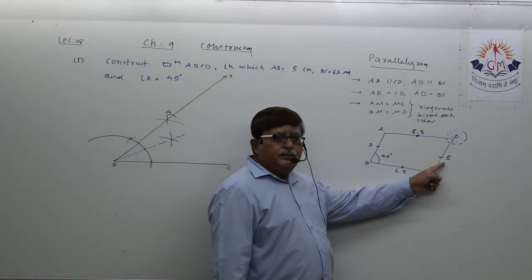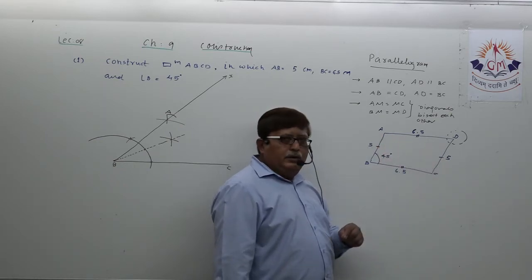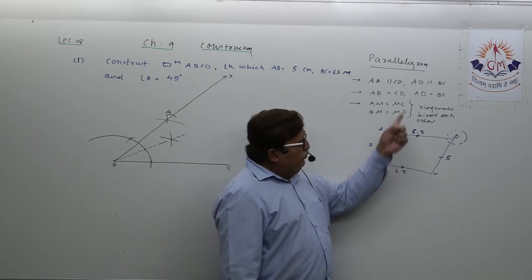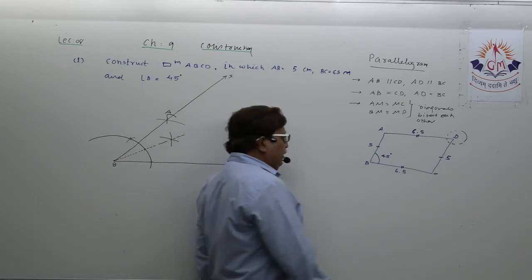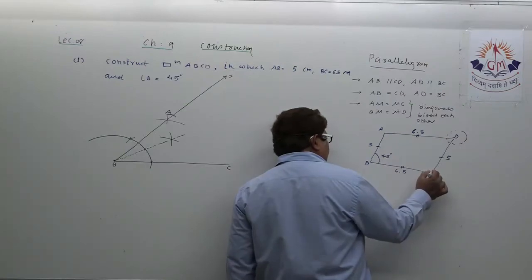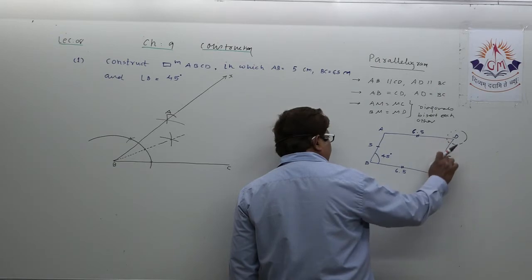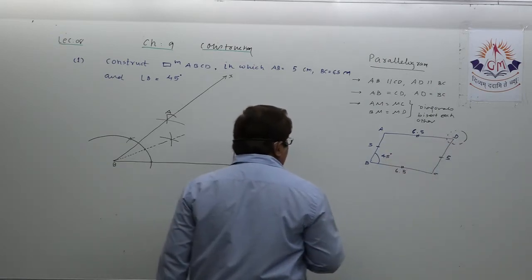CD is 5 centimeter, AD is 6.5 centimeter, which we got from the first property. Opposite sides are equal. That means if I center the compass at C, I will take a radius of 5 and draw one arc. Let me do that first.